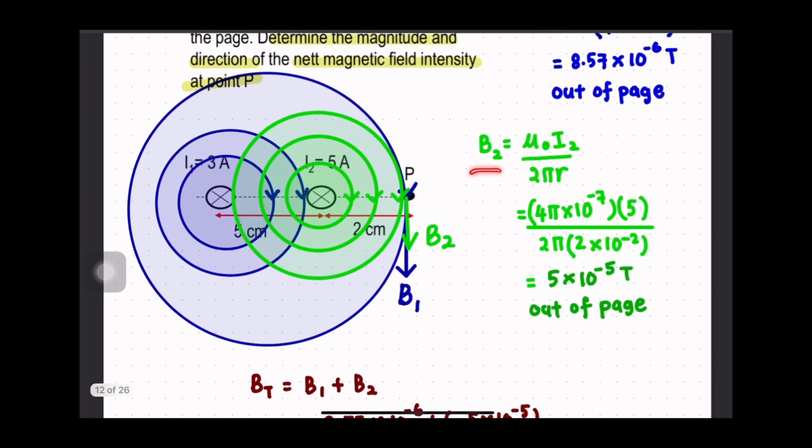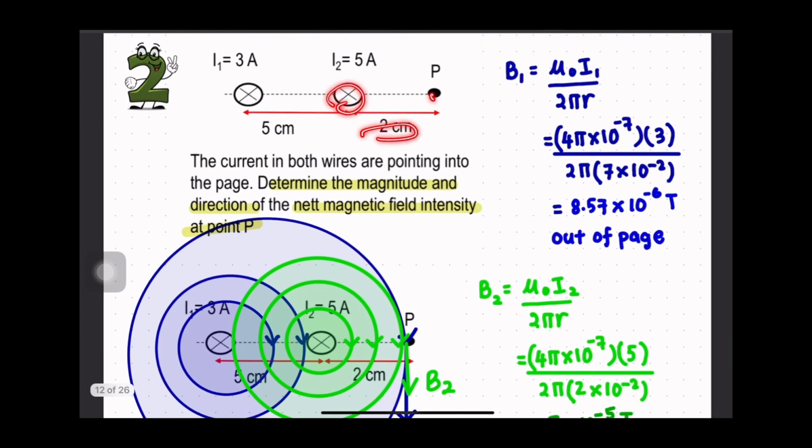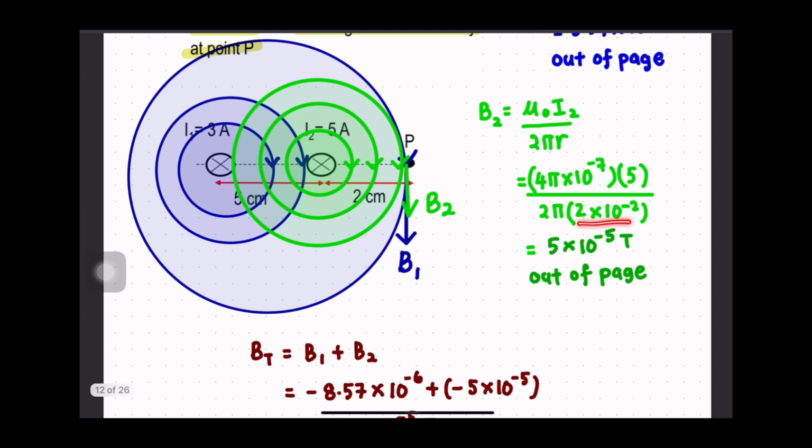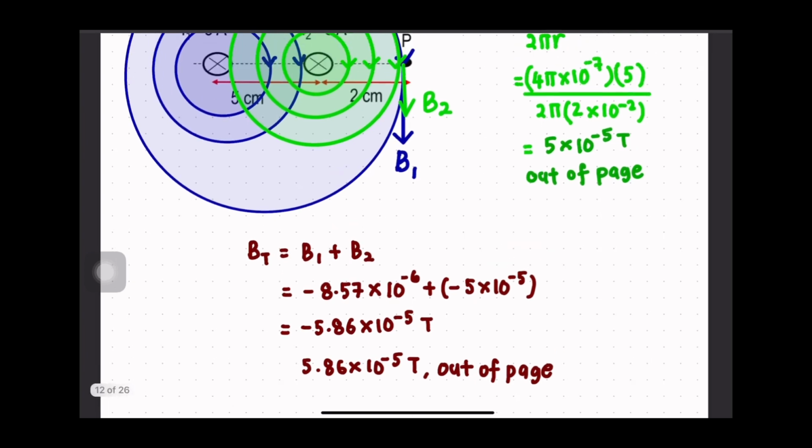Okay, so for B2, I2 is 5 ampere, and then the distance from I2 to point P is 2 cm. Okay, so substitute the value, so we get 5 times 10 to the power of negative 5 Tesla, which is also out of page. Okay, so out of page kita assume negatif kan.